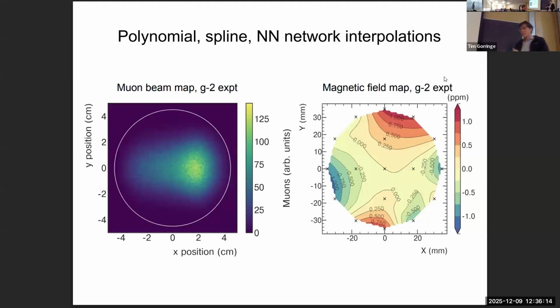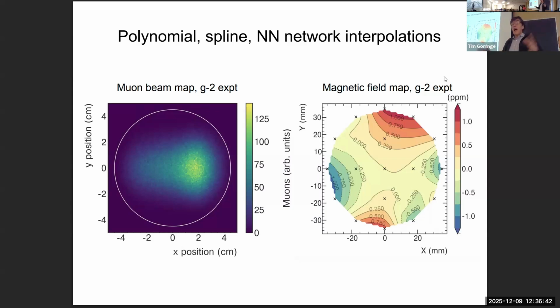Okay, this was the type of problem we're trying to solve. You're often faced with discrete data, and you want to interpolate between the data points. These are just two examples: a profile of the beam in an experiment I'm familiar with, G-2, and a profile of the magnetic field in the region of the beam in this G-2 experiment.